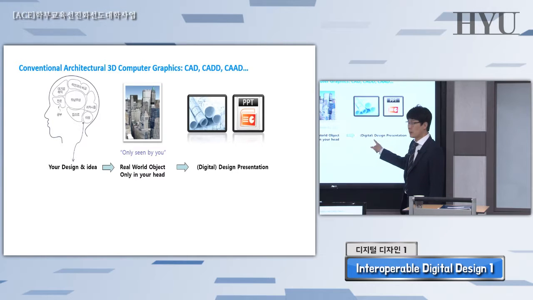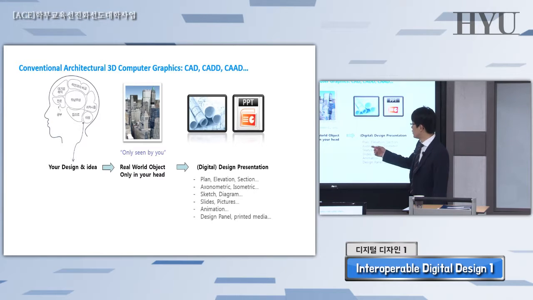Actually, not mandatory digital. Sometimes totally handmade design presentation, okay? That is why we need to generate these kinds of symbols: plan, elevation, section, axonometric, isometric, diagram, pictures, slide, sketch file, 3D hand drawing sketch, animation, design panel, okay?